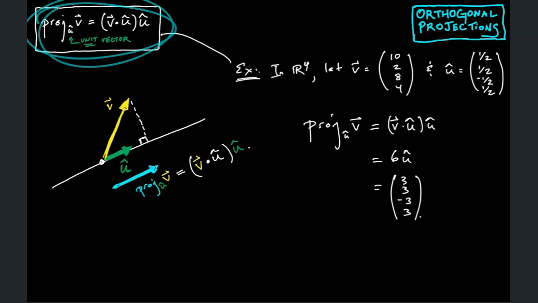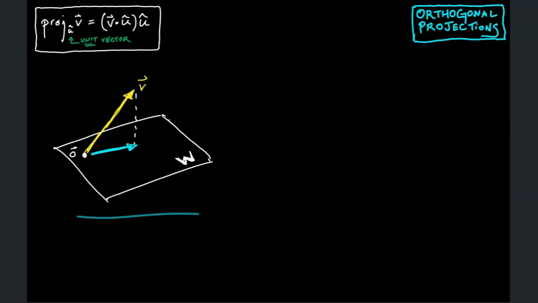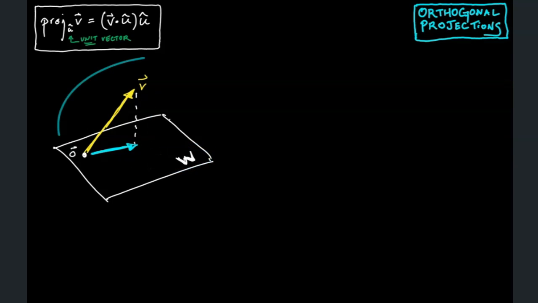So great little formula. Next, I want to start thinking about the 2-dimensional case, when we are projecting a vector v in whatever ambient space onto a 2-dimensional subspace W. And we're interested in this 2-dimensional case mainly because it will help give us the insights we need to think about orthogonal projections onto subspaces of any number of dimensions.